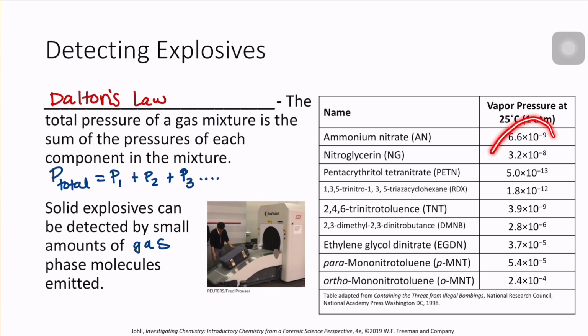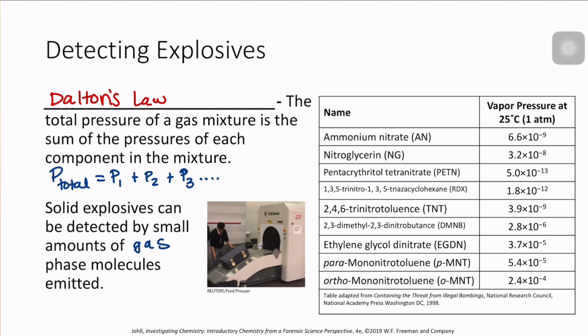Here are the vapor pressures for some common explosives. So you can see they are very low, but if you have instruments that can detect them, then you can tell if there is an explosive in a container or not.